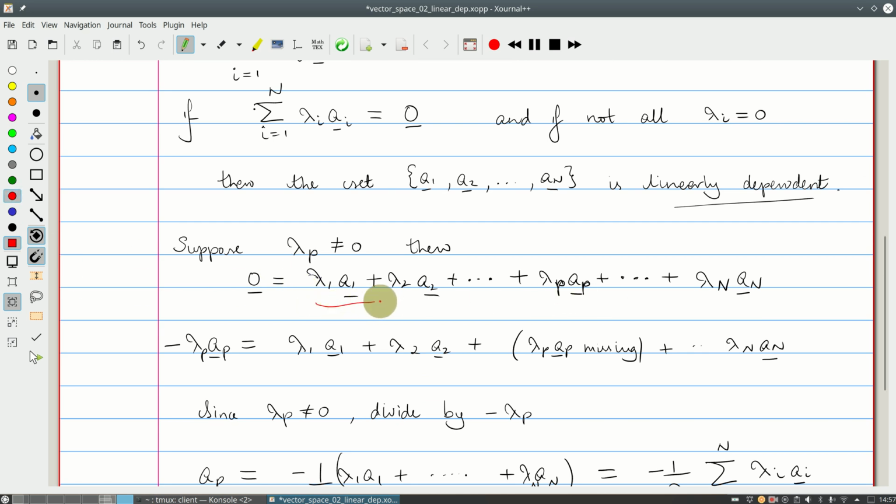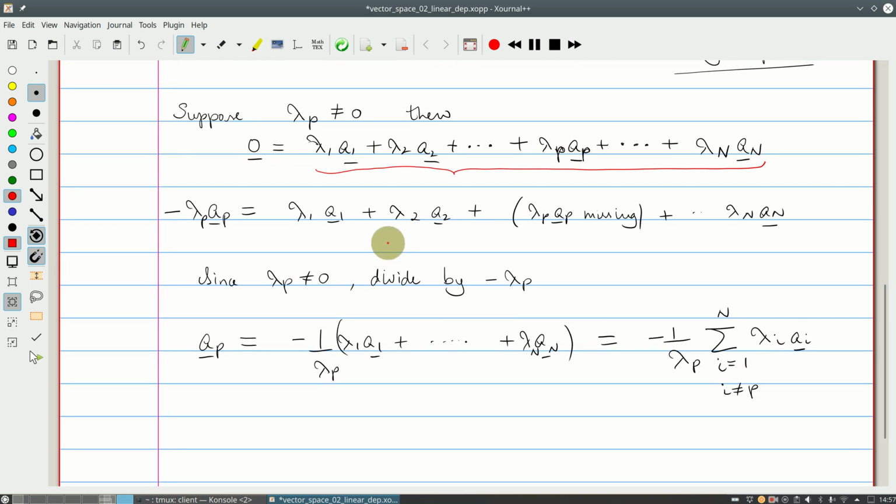If you can form such a linear combination such that it's equal to 0, the 0 vector, and at least one of these coefficients, these scalars, is non-zero, then you can write the vector corresponding to that scalar, a p, as a linear combination of the other vectors, and this is what makes the set linearly dependent.